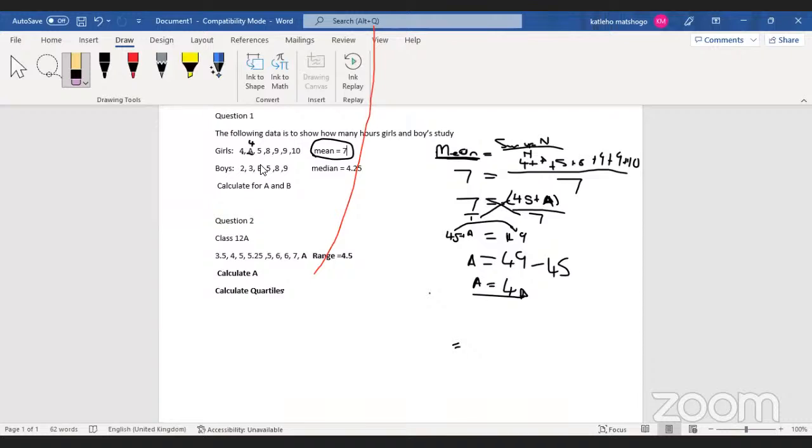What was your answer? What is your answer? And then I said the answer was 4, but what is your answer? Okay, let's do this one together.